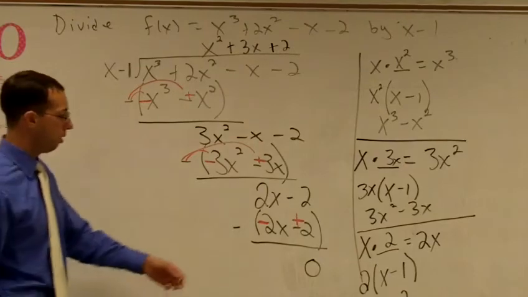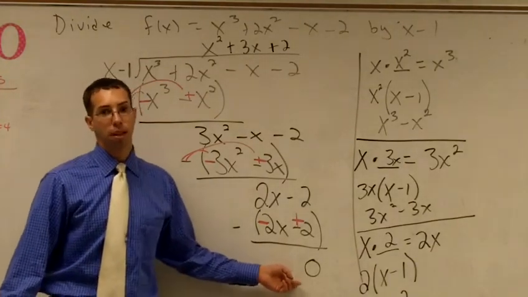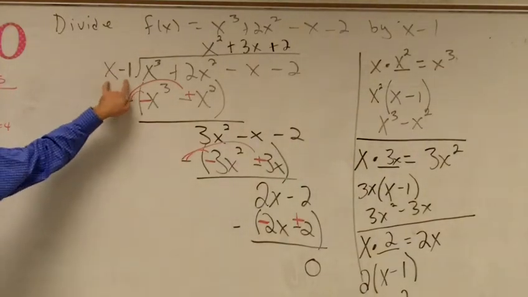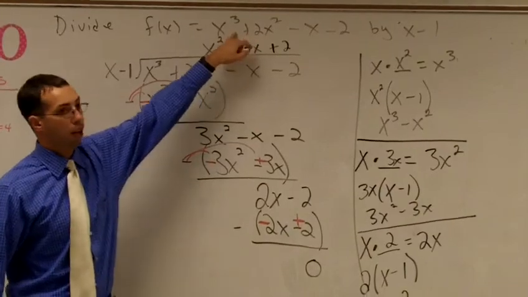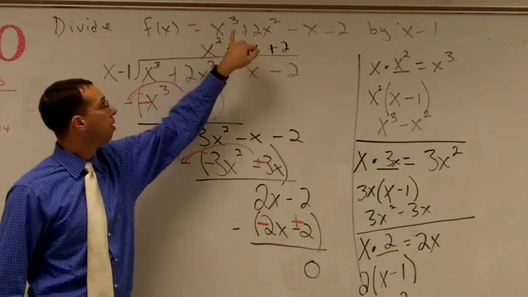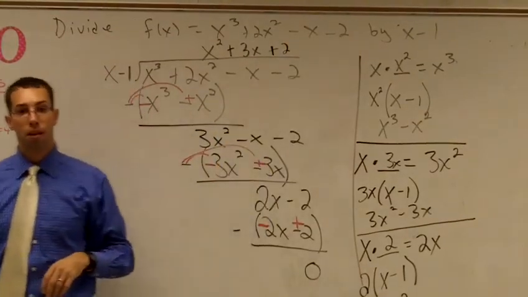So we have a remainder. Our remainder in this case is 0. So what that tells you is that x minus 1 is a factor of your original function, which is x cubed plus 2x squared minus x minus 2.